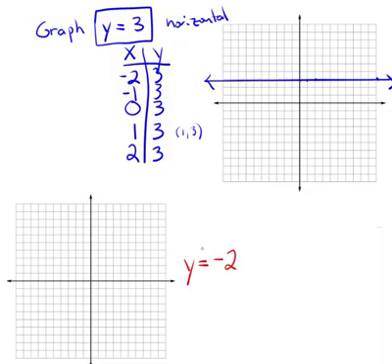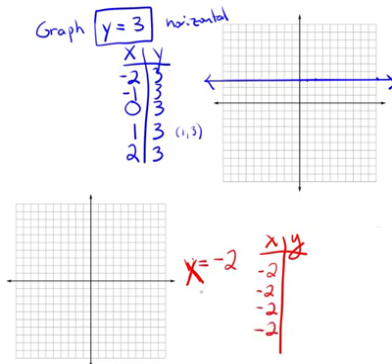So now our last one that we're going to do is x equals -2. We're going to think about our table, and it's sort of like the one we just did, but this time our x's are all going to be -2 because that's what it says, x equals -2. Now notice that the x isn't with the 2, it's a special case.